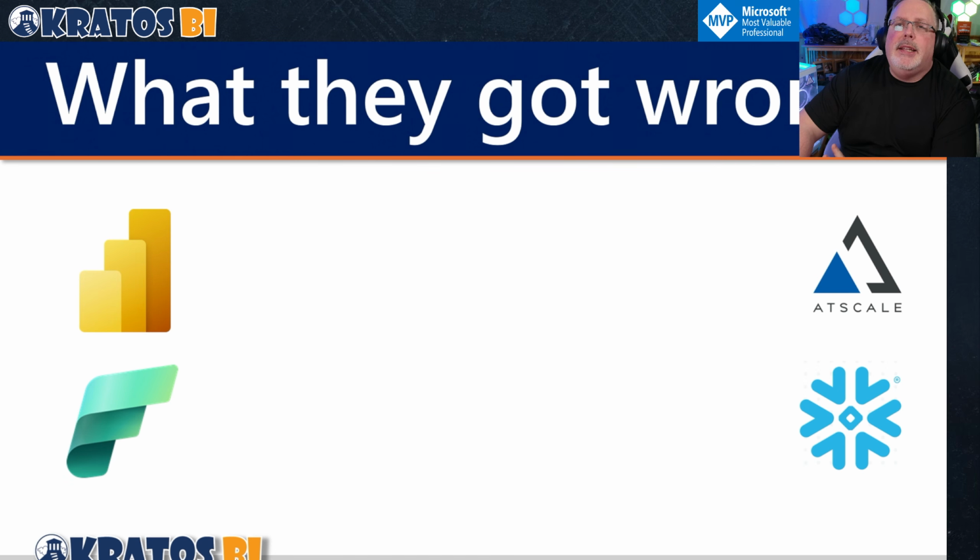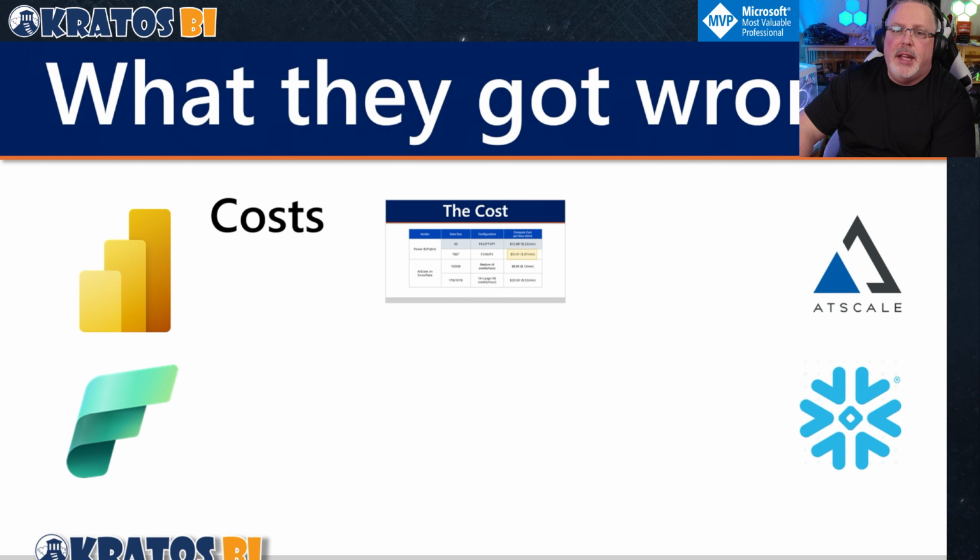Now, I think they did get some things wrong, okay? So first thing, if you remember the costs that they went into, they were really looking at the spot prices and not the scale prices or reserved instance prices. And I think that there's some comparison levels there that were wrong.